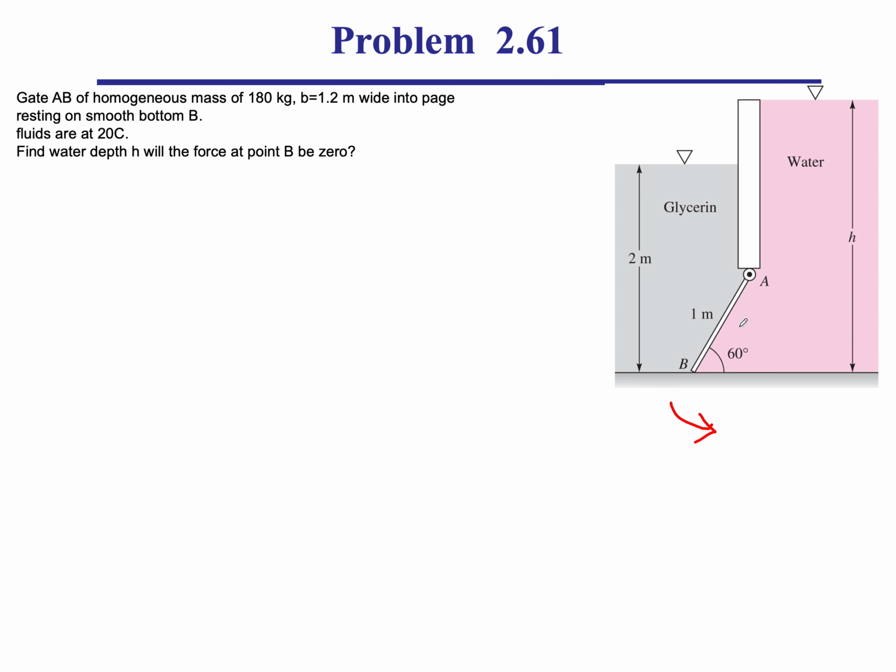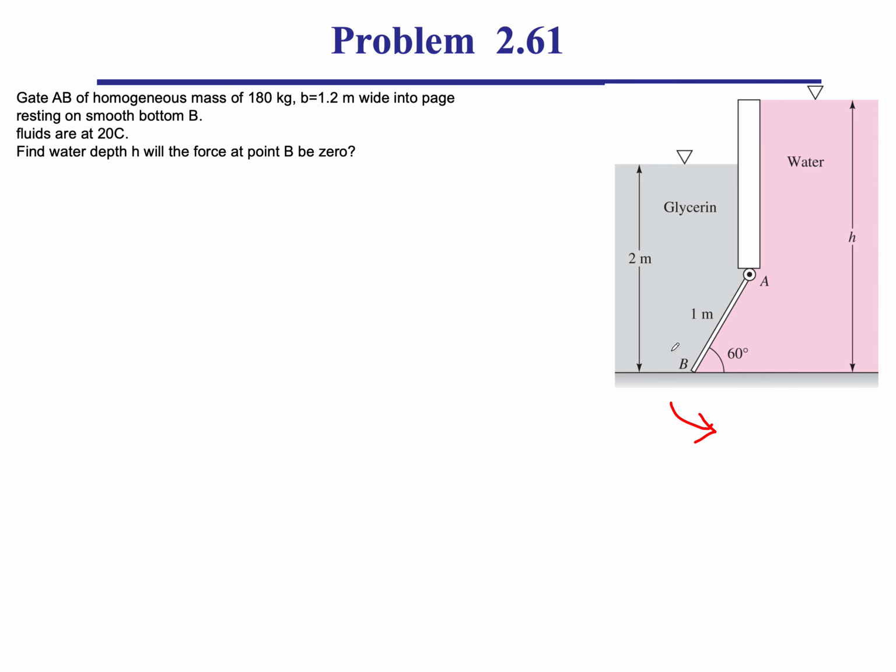I will now start getting a counter moment that tries to open the gate, and there would be a critical position where if my water height is above a critical location, I'm going to get the moment due to water beating the moment due to the glycerin around the gate, so the gate is going to start to open, and then we'll start having mixing between water and glycerin.